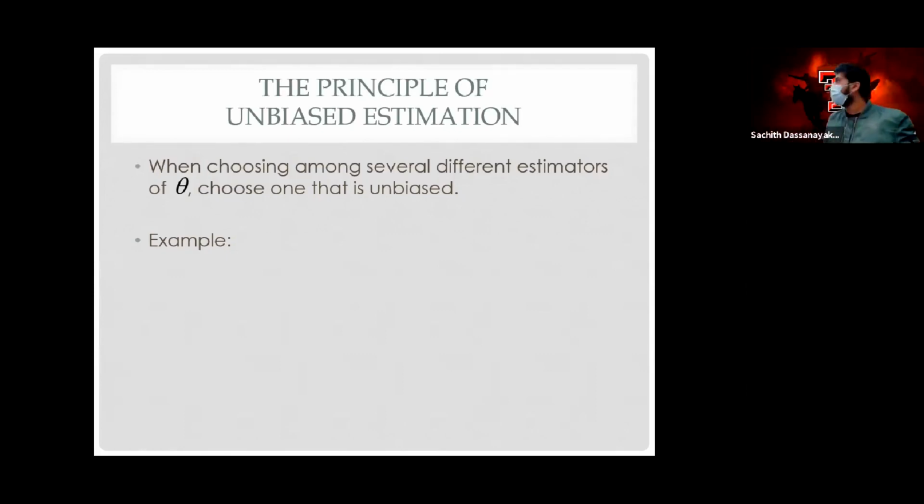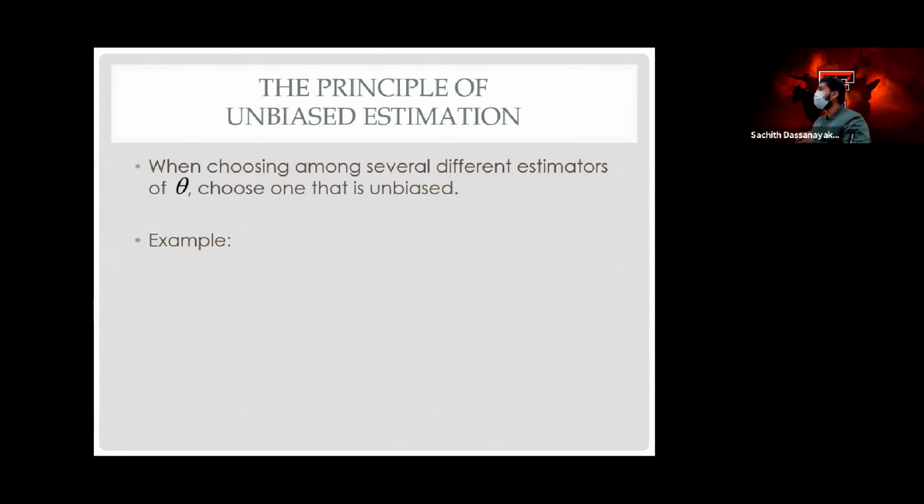We will come to that point later. Next, in statistics, most of the time we pick unbiased estimators, but in some cases we have to pick biased estimators as well, because a biased estimator can give a good interpretation of our parameter.